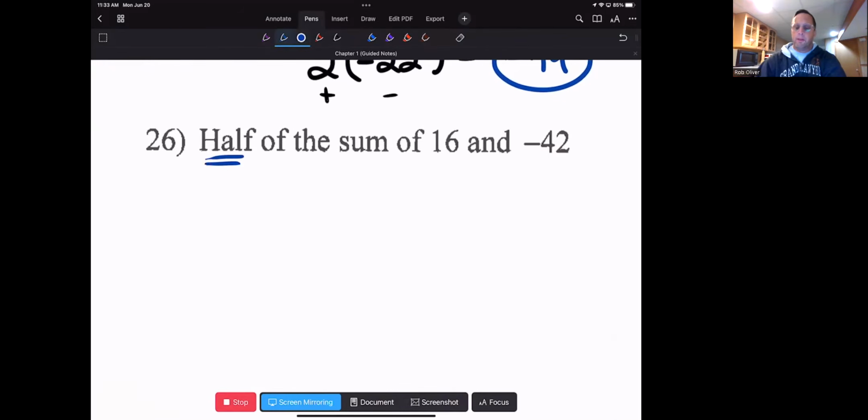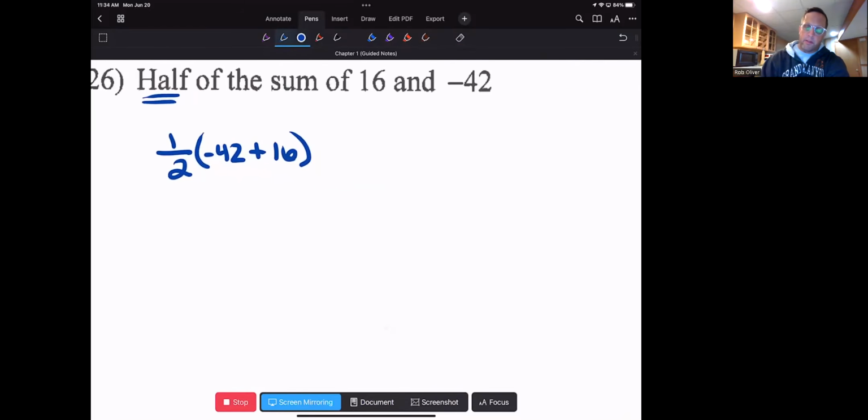Half of the sum of 16 and negative 42. I'll show you both these ways. We can write that as 1/2, and then this says and. So I'm going to do negative 42 plus 16.